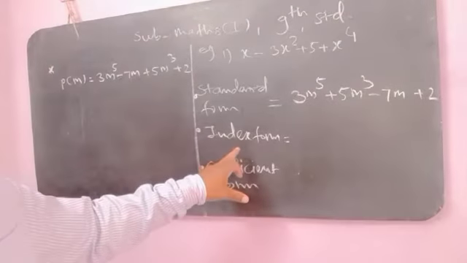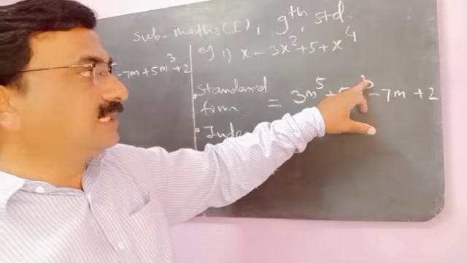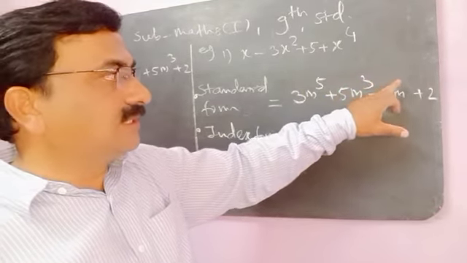Then index form. Missing terms are there. 5, then after 5, 4 degrees there. Then 3, then after 3, 2 degrees there, then 1, 0.